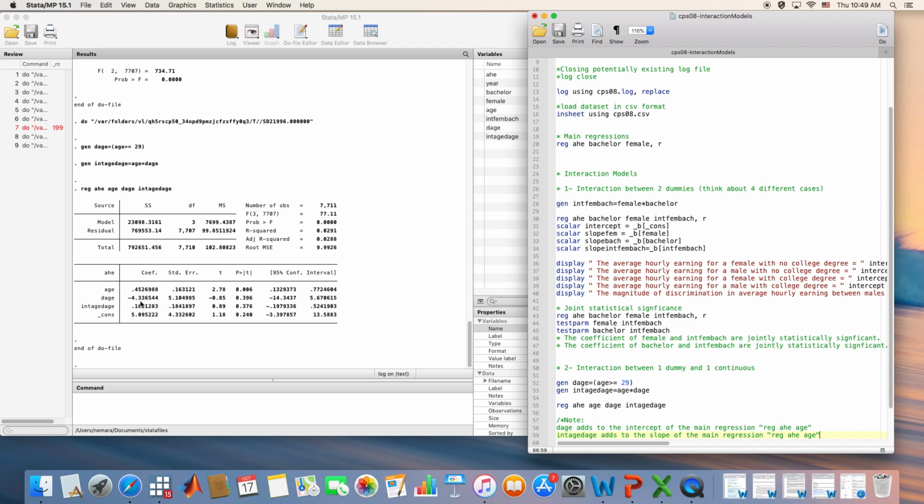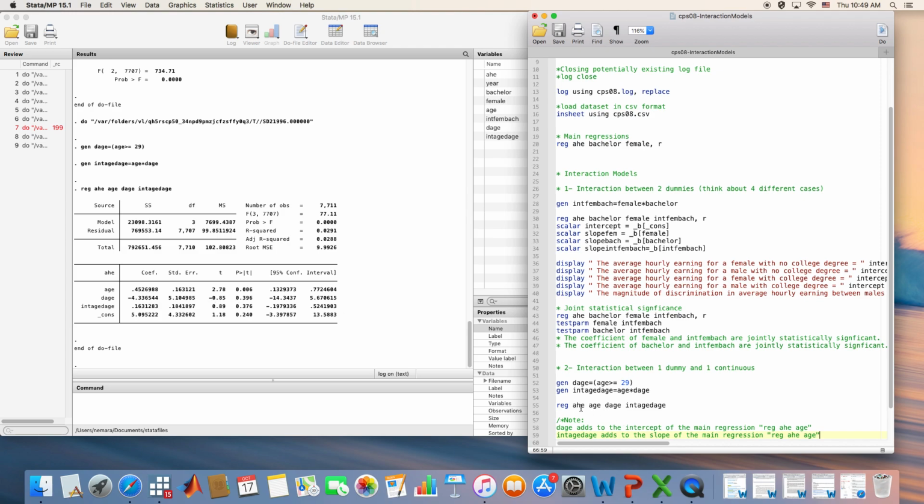So dh adds to the constant. The new constant is going to be 5.09 whatever minus this number, and the new slope is going to be this number minus this number. However, we ended up with an insignificant interaction and an insignificant dh.